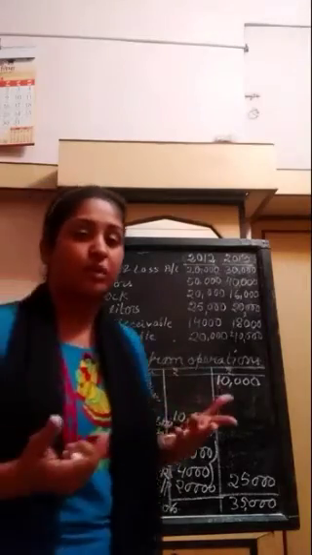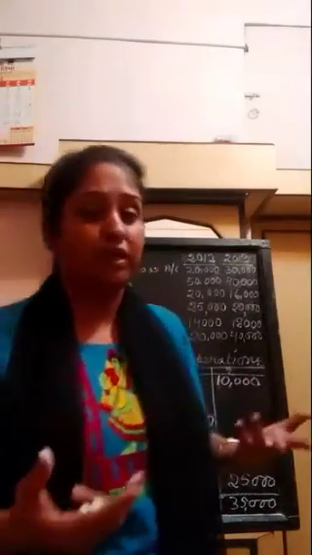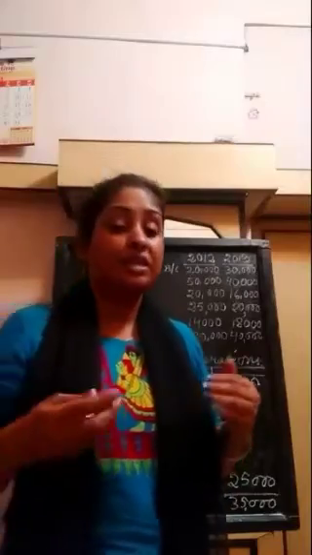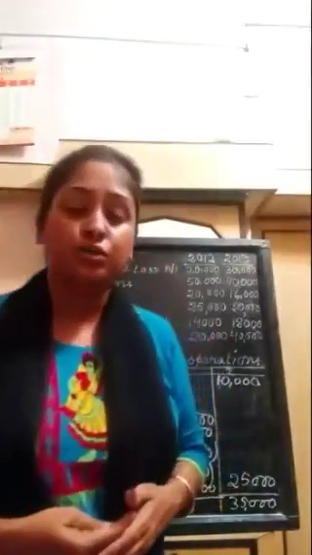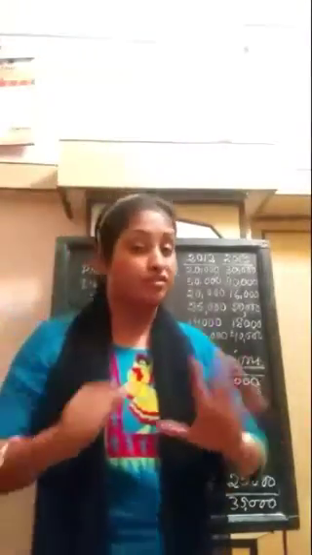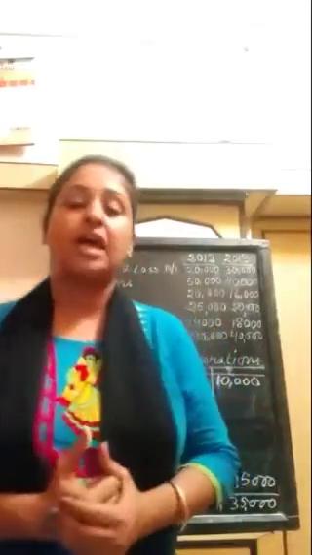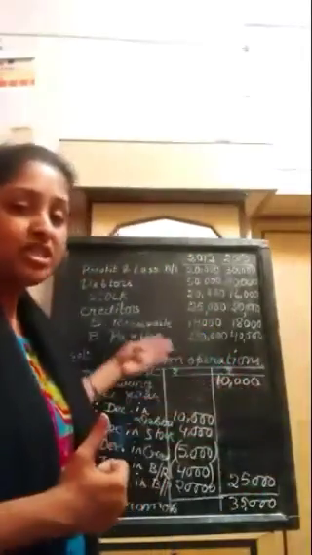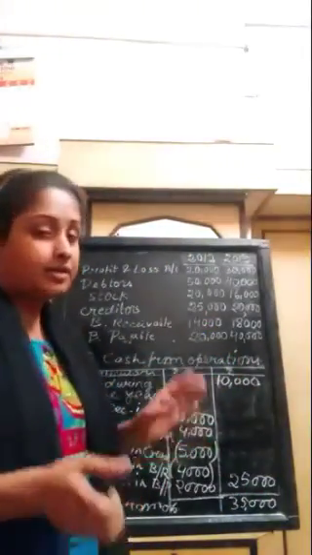Some other adjustments will be there, some depreciation, some goodwill treatment. In this way, step by step, we will learn how to prepare cash from operations, the first part of the cash flow statement.